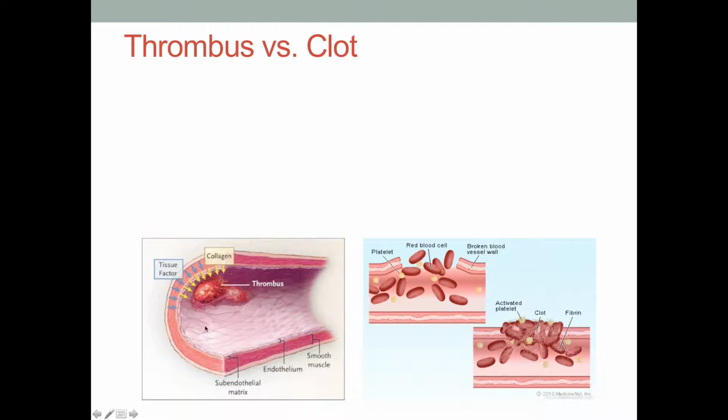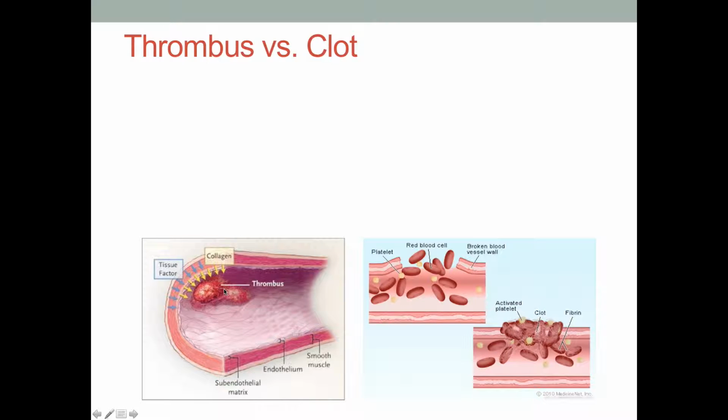However, in a thrombus, we see that the same process is initiated. However, there's an absence of tissue injury, meaning that the vessel has not been torn and exposed to air. Instead, there is a small amount of damage to the lining of a vessel, and we've initiated the coagulation cascade to start growing a clot inside of a vessel.